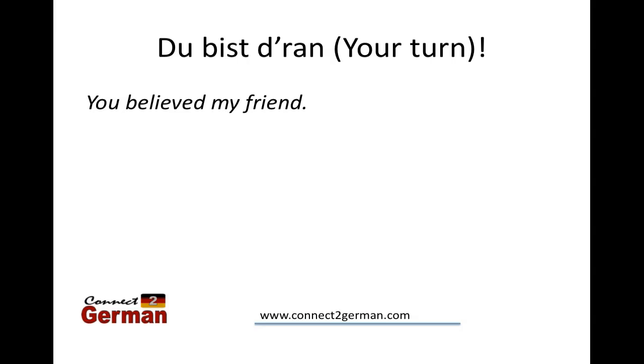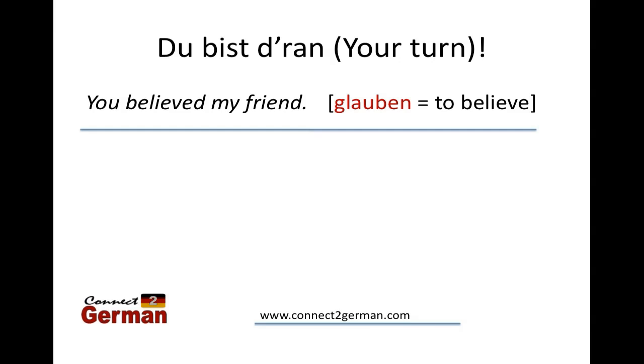All right, let's do one more example. Change it up a little bit. Now the subject is not I, it's you. Keep in mind the verb has to agree with it. But let's start off with the infinitive first. Infinitive of believe is glauben. All right, so let's set up our little template here. Du blank meinem Freund.